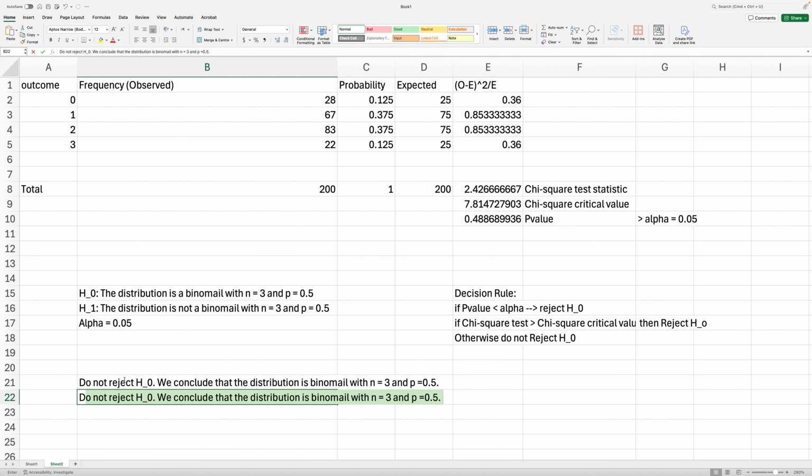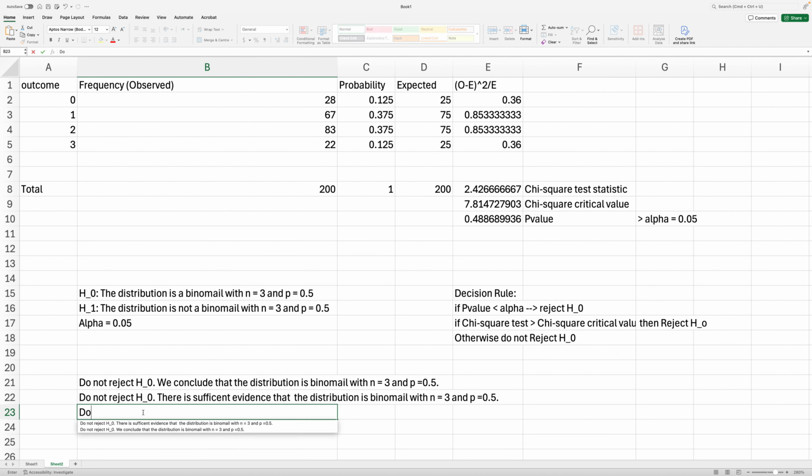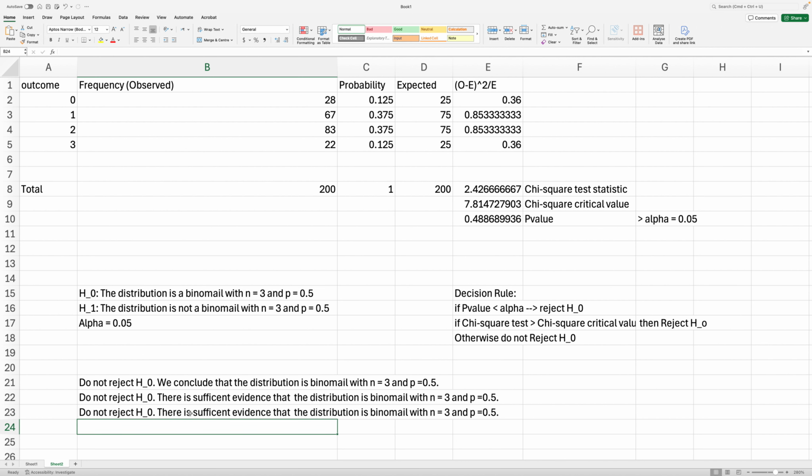Or you can say it like this: do not reject the null hypothesis, there is sufficient evidence that the distribution is binomial with n equal 3 and p equal 0.5. Or you can say do not reject the null hypothesis, there is no sufficient evidence that the distribution is not binomial.